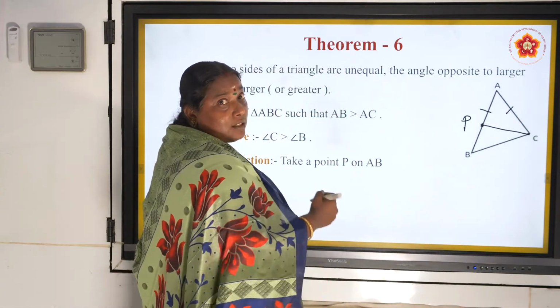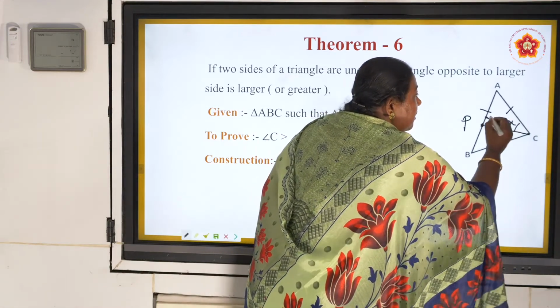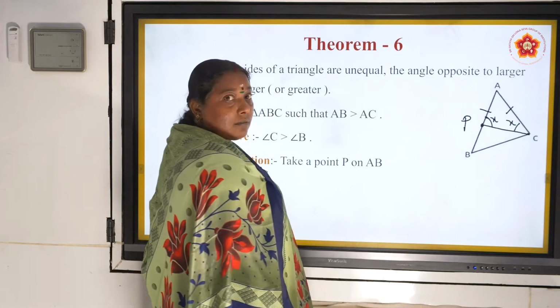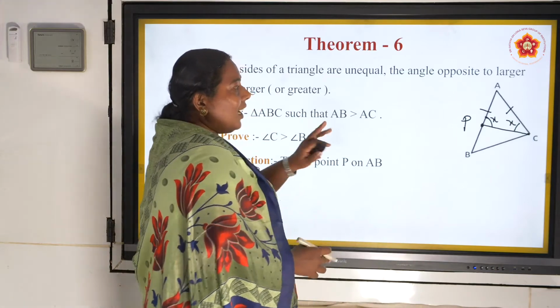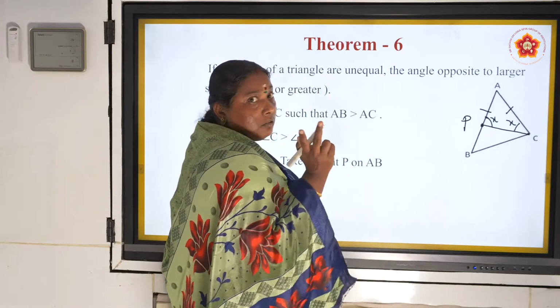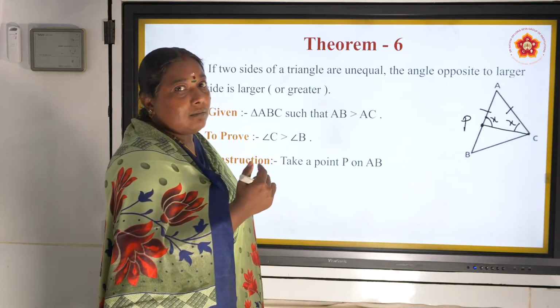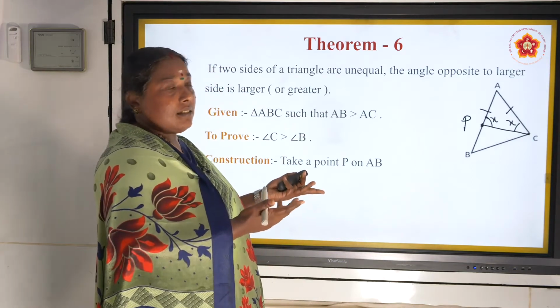Now it leads to an isosceles triangle, so my opposite angles will be equal. If this is X, this will be X. Right? Okay. I got X. Next, look at my two new triangles. I have two triangles now here. Now I can compare with SAS, like that.